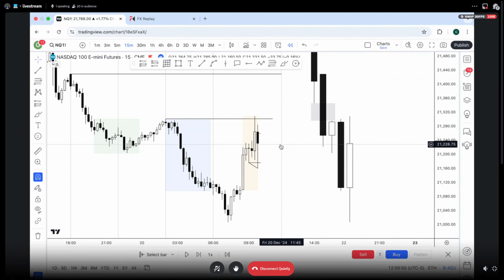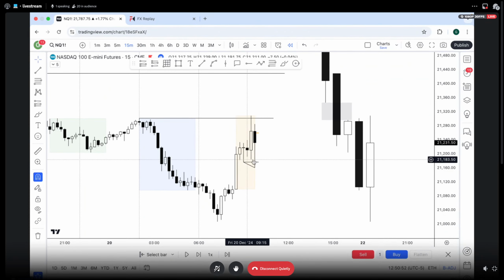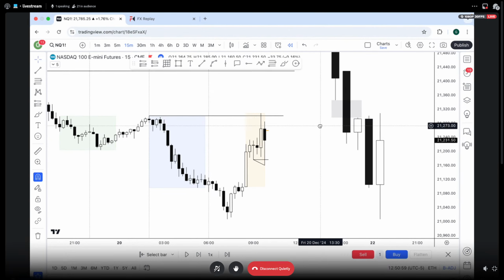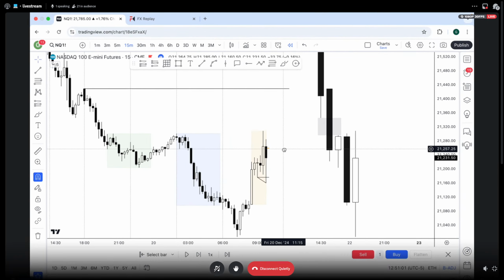But when it fails to do that, when it makes an opposing run, takes out the short-term low, creates SMT, and then we're getting a fractal model confirming higher prices, then it's kind of a red flag. And at that point, it kind of confirms higher prices, right?